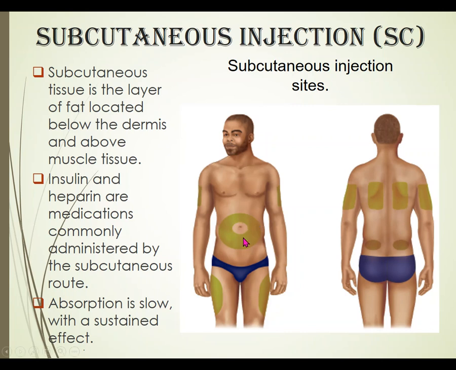You have to stay 1 inch away from the umbilicus, and then you want to move around and put it in different places. And some places are more painful than others, and obviously someone can't put them back here by themselves. So most of those sites are right here in the abdomen that you'll see used for those subcutaneous injections.